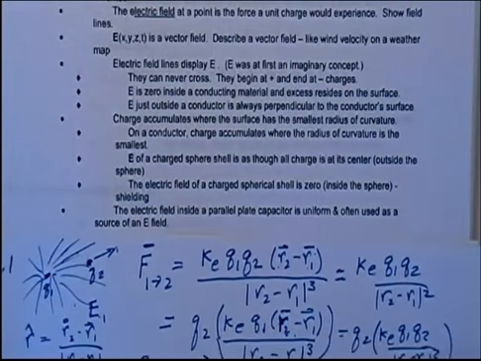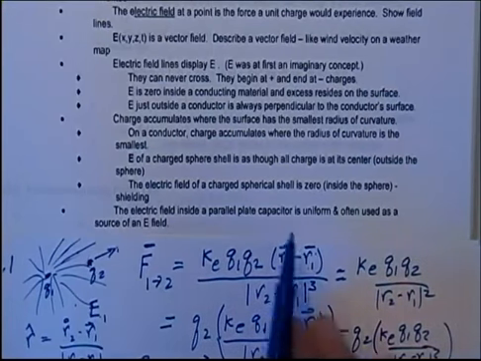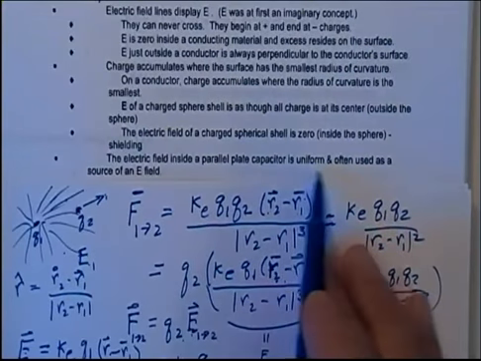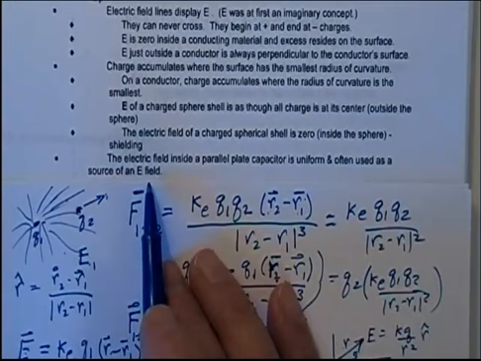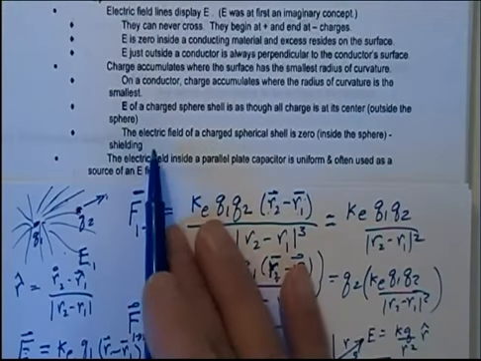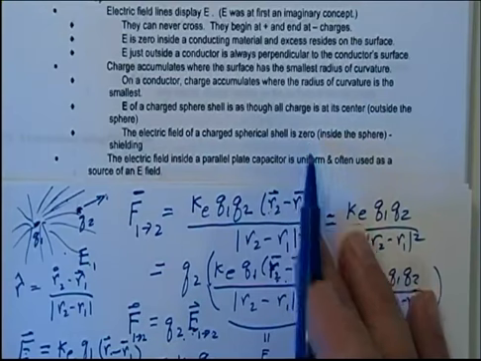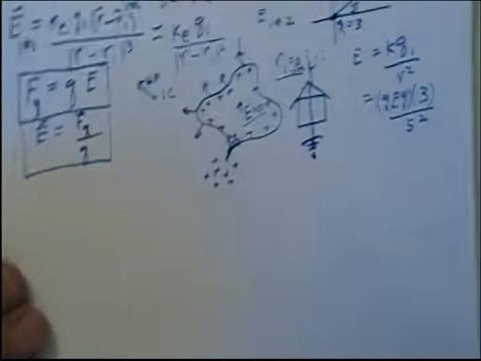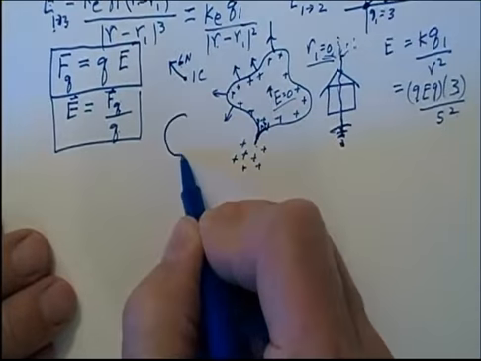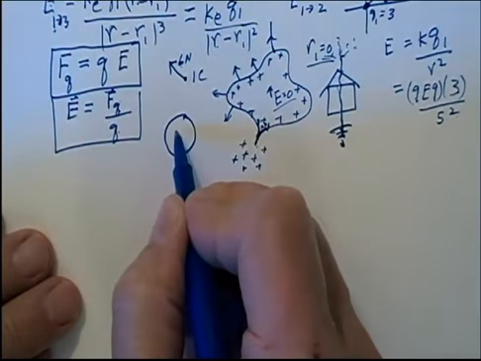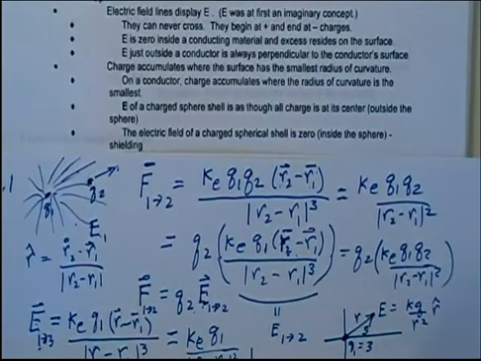We'll talk later about being inside the parallel plate capacitor and how it's so uniform and how that can be used as a source of the electric field. The electric field of a charged spherical shell is always 0 inside the sphere. So if I take a conducting sphere and I look inside, E is going to be equal to 0 inside that sphere.